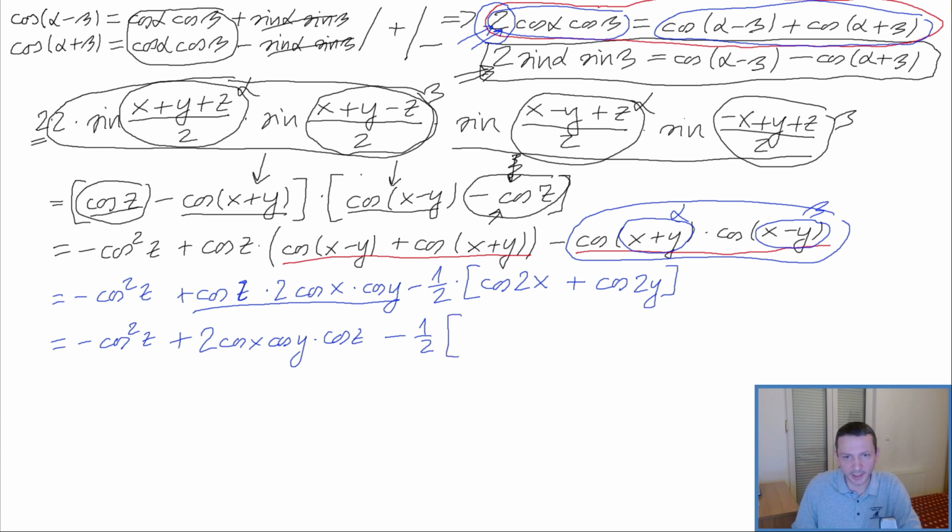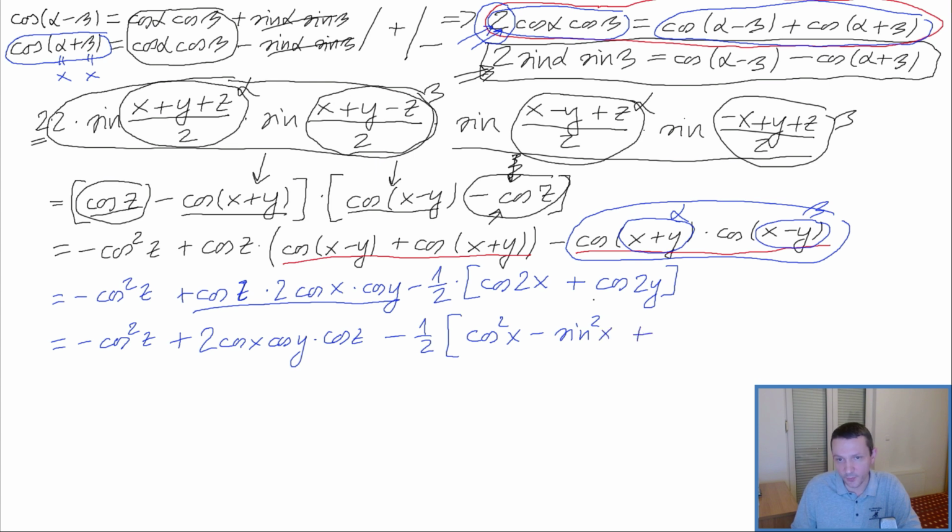Cosine of 2x can be actually obtained from this formula here. If we take alpha and beta equal to x, this addition formula for cosine at the beginning, we obtain nothing but cosine square x minus sine squared x.